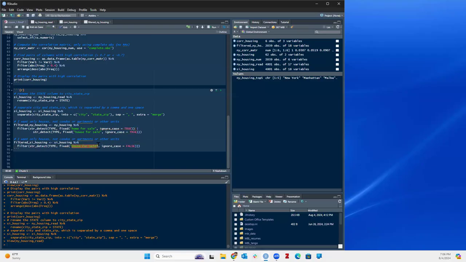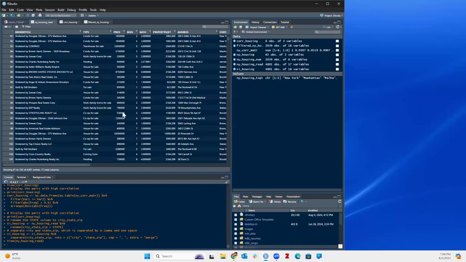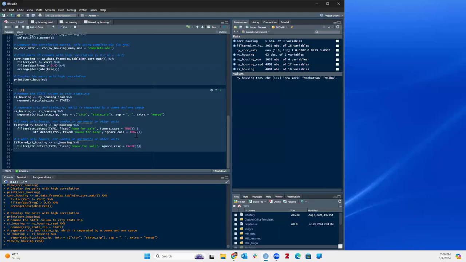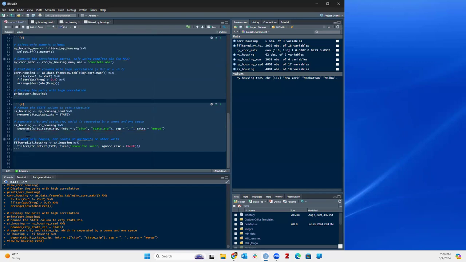In this case, I actually do want it to care, because in the original data frame we have a unique value called townhouse for sale, and it's got a lowercase h. So I'm really wanting just these. There are many other ways of doing this, and I'm excited to see if you guys have any other ways of solving that problem. But that's why this function looks a little bit different.